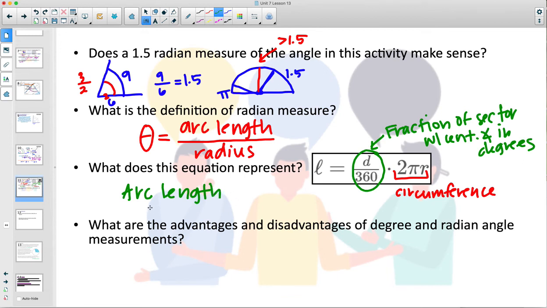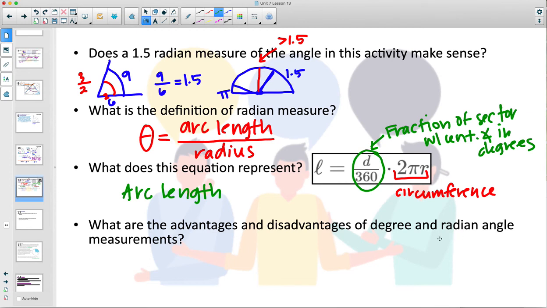for the central angle. So what are the advantages and disadvantages of degrees and radians? Radians can simplify out formulas that you're using. But degrees are probably more familiar than radians since you've used them a lot. But radians will get us some easier formulas, like arc length. We just had to multiply radius times central angle and you get arc length, versus in degrees, you have to do the degree divided by 360 times the circumference.